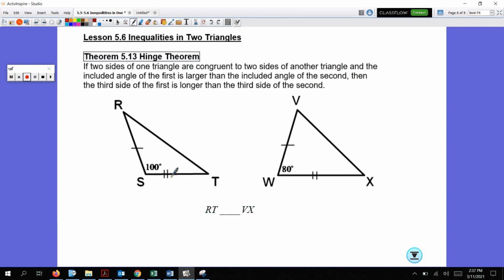That sounded crazy. All I'm saying is 100 is bigger than 80. So if I take a ray from 100 and it points to RT, and I take a ray from 80 and it points to VX, RT is clearly larger than VX. Clearly. I mean, it's obvious.